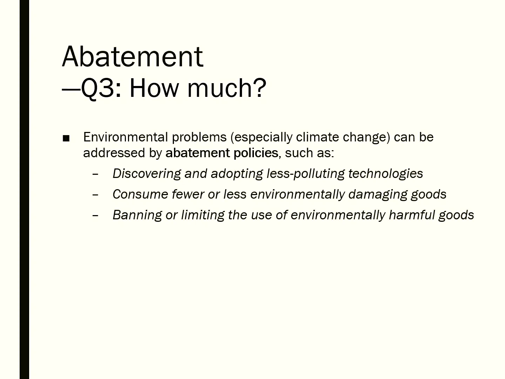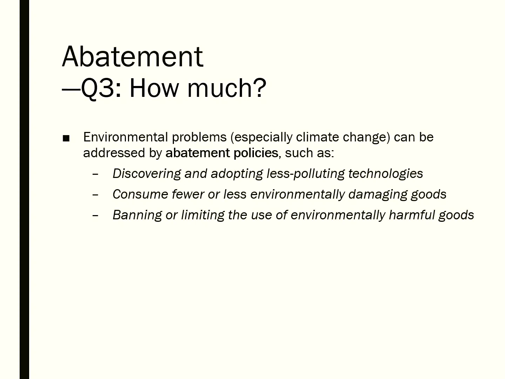Tesla is one of such pioneers, and Wales is also a leading country in clean energy. On the demand side, it includes consuming fewer or less environmentally damaging goods, such as biking instead of driving. It also means banning or limiting the use of some environmentally harmful goods.